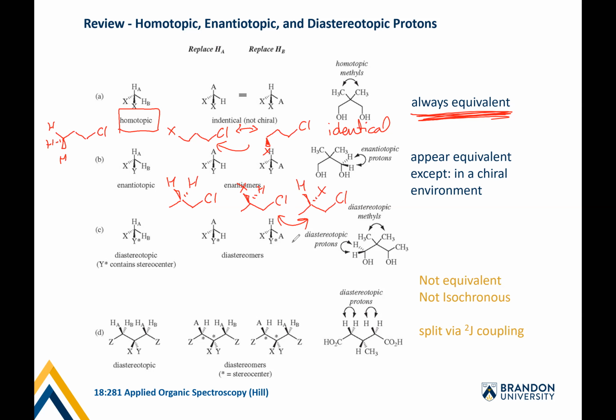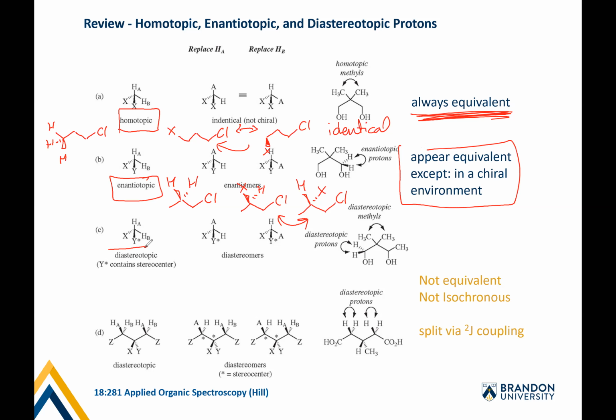And so we would call those protons enantiotopic, and they would be equivalent except in a chiral environment. So if you were using a chiral solvent, or it was complexed to another chiral molecule or something, they'd not be equivalent; otherwise, they'd be equivalent.